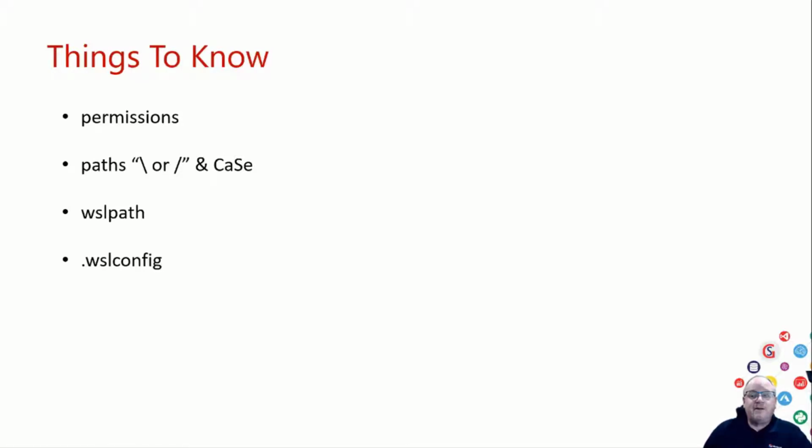Now, there is a partner to that too, which is in the Linux file system called the /etc/wsl.conf file. But that doesn't contain all of the same settings that WSL config has. And I'll go over that briefly as well. It's really important that the wsl.conf file inside of Linux is really if you're going to take those distributions and share them.